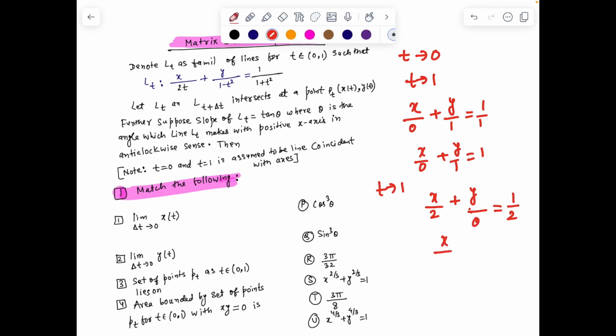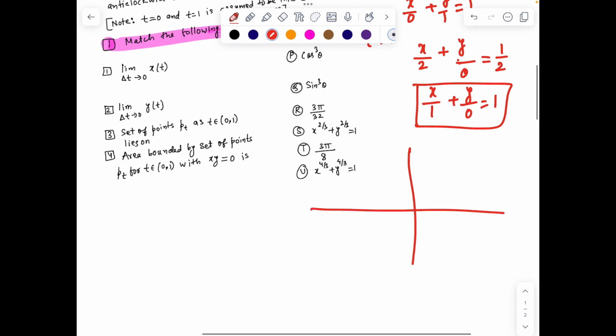So we have x by 1 plus y by 0 equals 1. Now if we plot these two, in the first case x intercept is 0, y intercept is 1, so we'll have this line segment. In the second case we have another line segment 0 to 1.